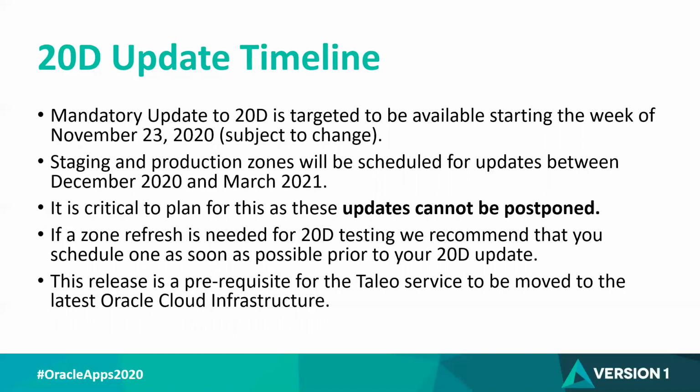These updates cannot be postponed. Every customer has to take these updates. If a customer wants to have their zone refresh done for their staging environment, they need to raise a request with Oracle prior to updating 20D in staging.